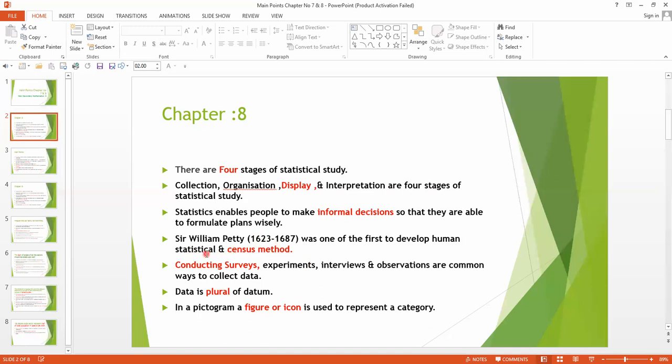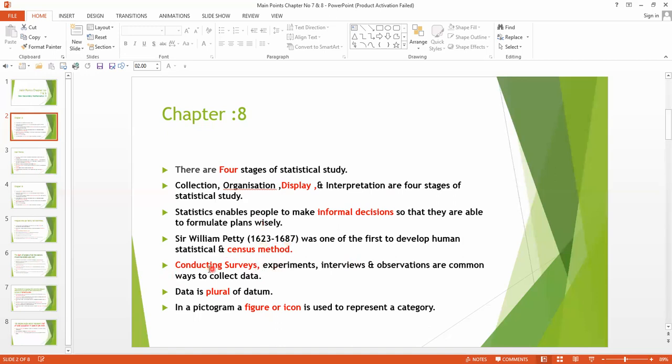Next one. This is very much important. Sir William Petty, 1623 to 1687, was one of the first to develop statistical and census methods. What is the name of the person who first developed this? Sir William Petty. And the year is between 1623 to 1687.